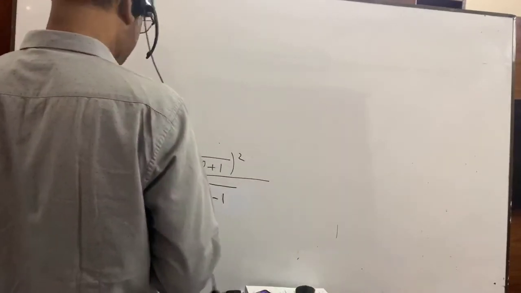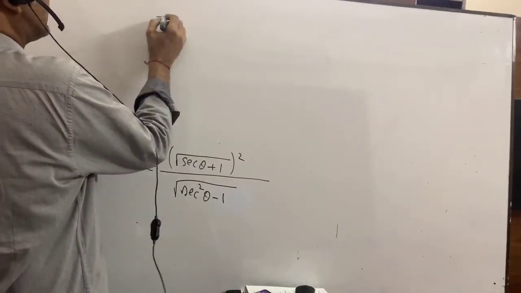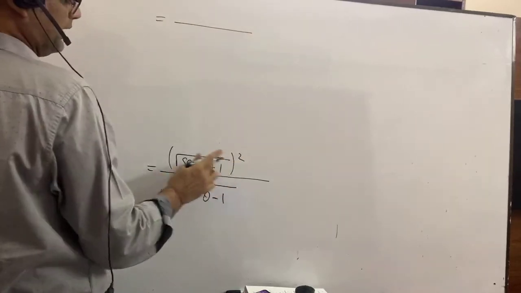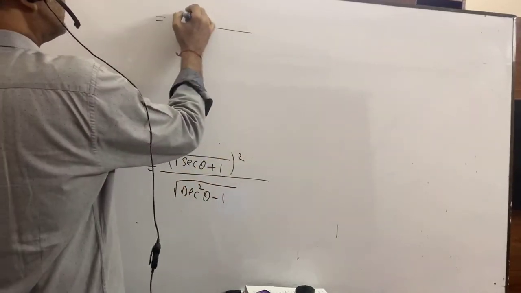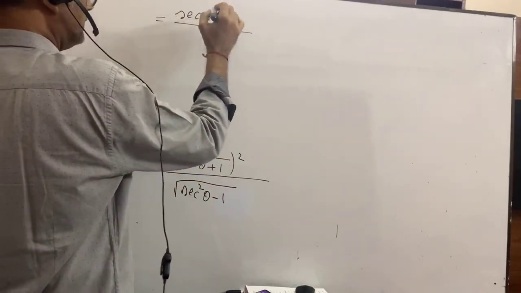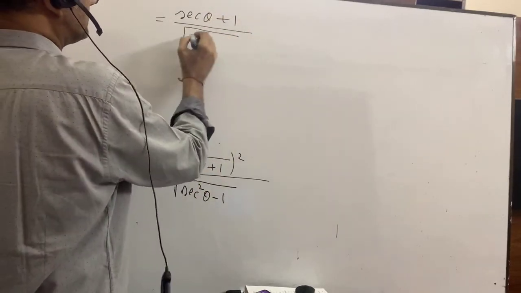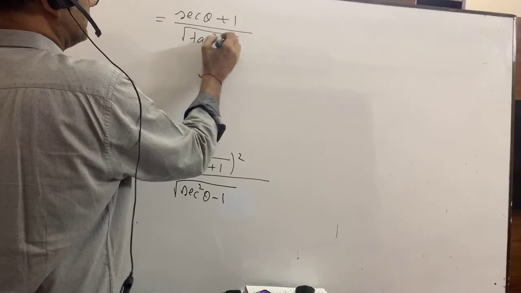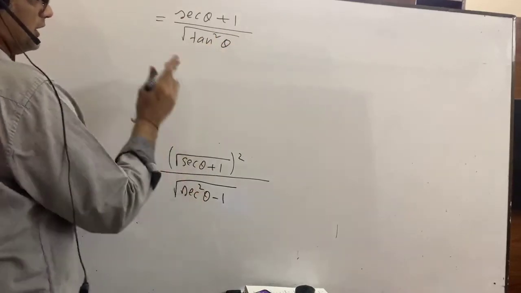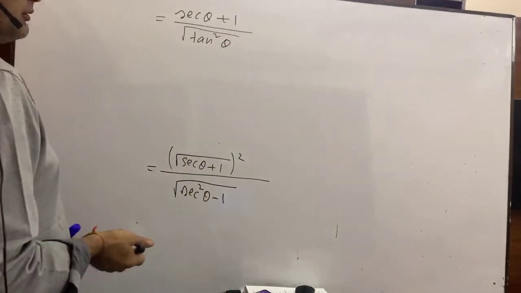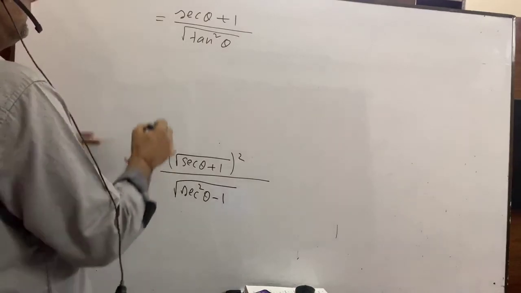Okay, then what comes next? The square and the square root will be omitted, that is sec theta plus 1, and it is the formula of tan square theta. Tan square theta, it is the formula. You may be wrong in the exam hall, so pay attention.